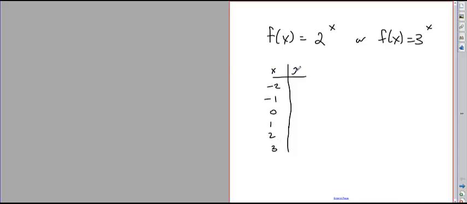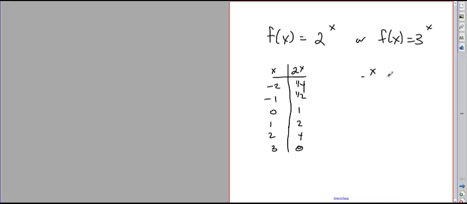So here we have 2 to the x, so we're going to have, this will be 1/4, this will be 1/2, this will be 1, this will be 2, 4, 8. So these are easy. 2 to the 0 power is 1, 2 to the first power is 2, 2 to the second power is 4, 2 times 2, 2 times 2 times 2 is 8. And then you just take the reciprocals of these to get the ones at the negative numbers.